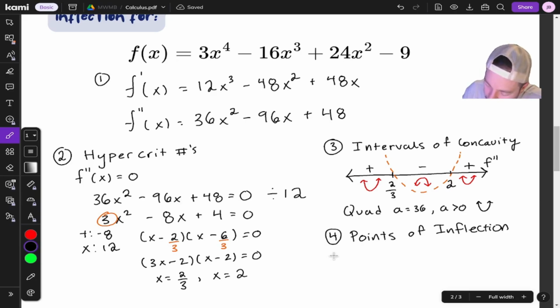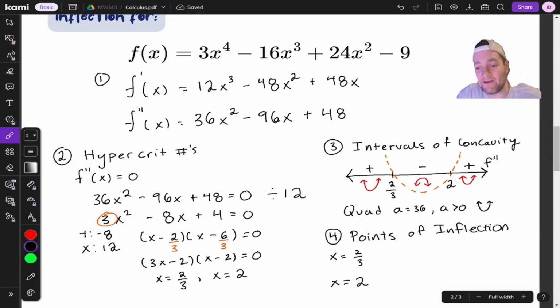So all we do to figure out the actual points themselves is sub the hypercritical numbers that we proved were points of inflection back into the original. Remember that in order to have a point of inflection, it has to change concavity. So we have two places, right? When x equals 2 over 3, it changes concavity, and then when x equals 2.